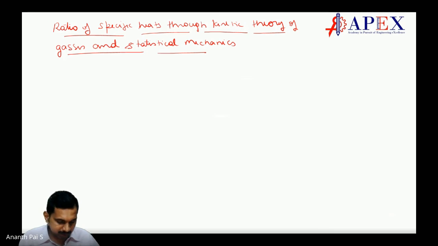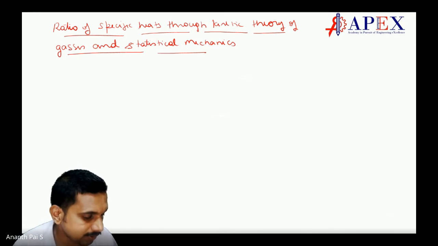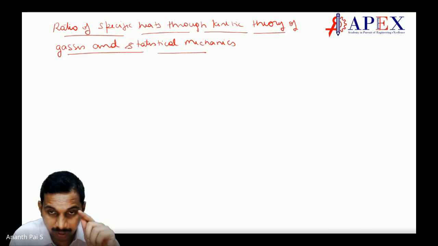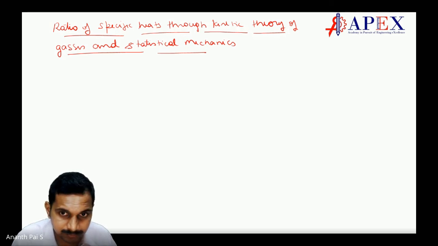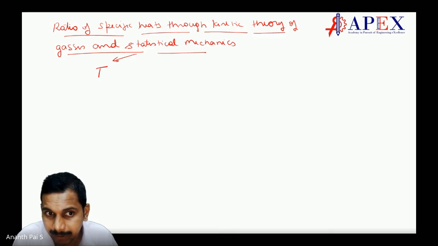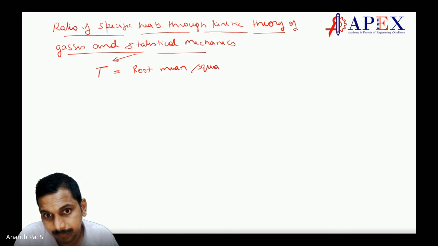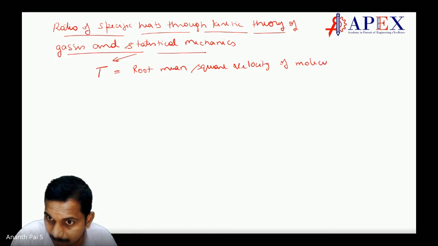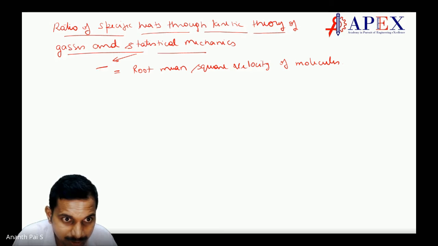So the senior students, please see it, okay? Fine. Now, ratio of specific heats through kinetic theory of gases or statistical mechanics. One of the main things we have to see is that when you consider temperature in statistical mechanics, temperature is nothing but the root mean square velocity of molecules.